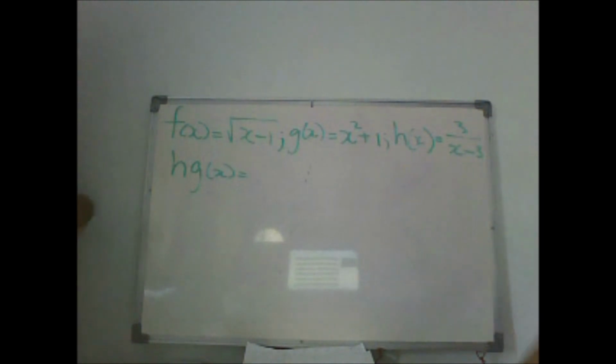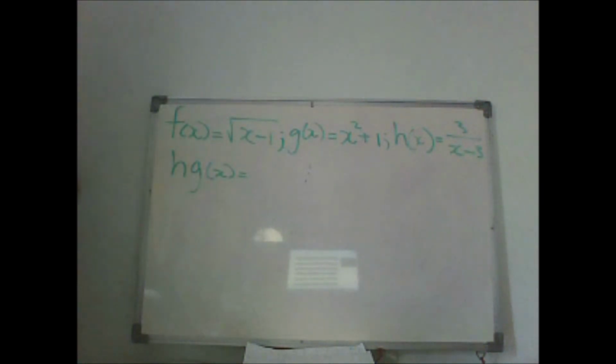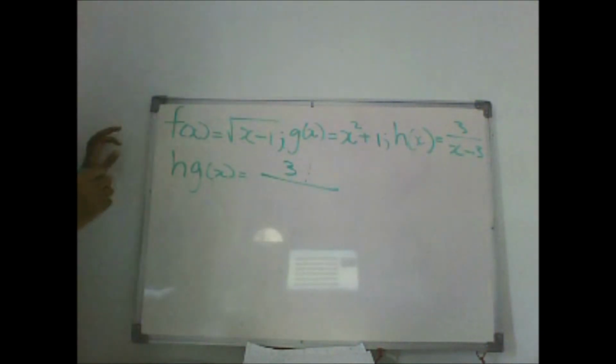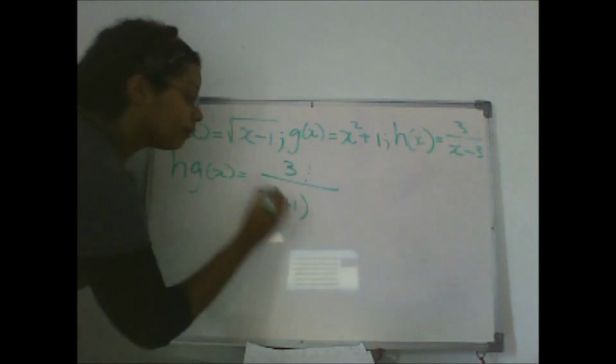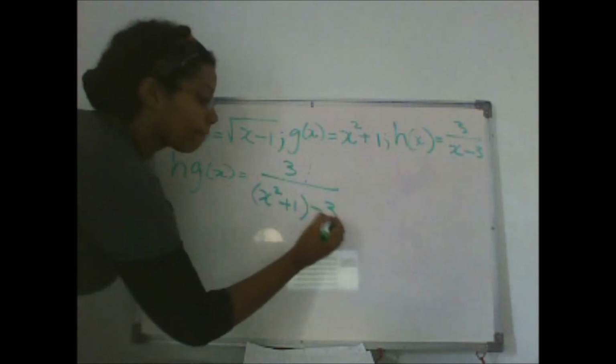Okay, final function, sorry, we have h of g of x. Like before, what we're going to do is stick g of x into h. Obviously wherever we see x, we're going to put x squared plus 1. So 3 divided by x squared plus 1, and then we put back the minus 3.